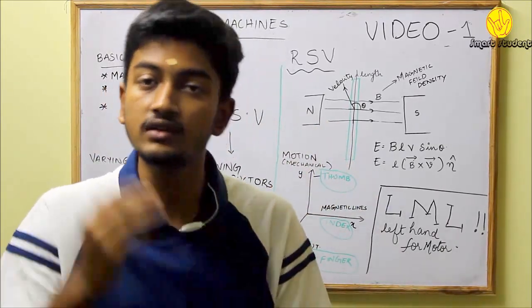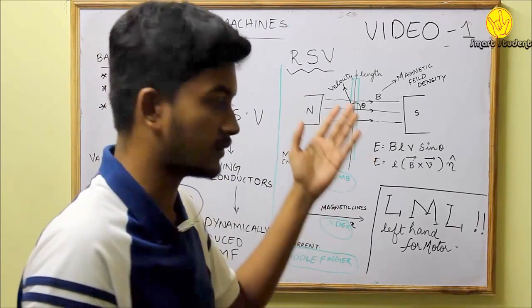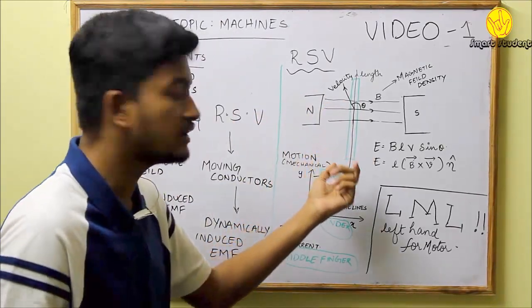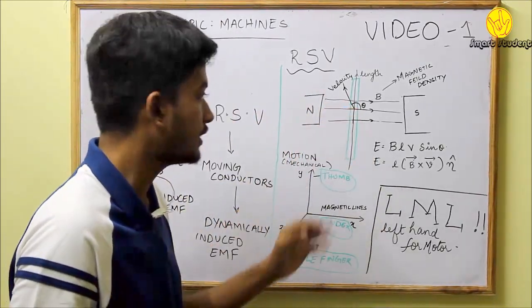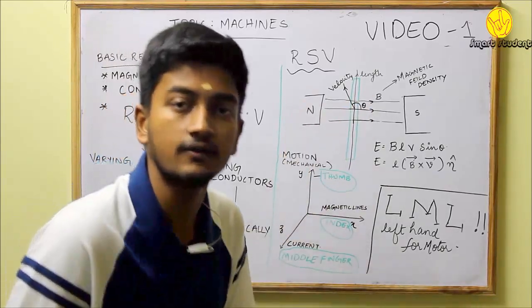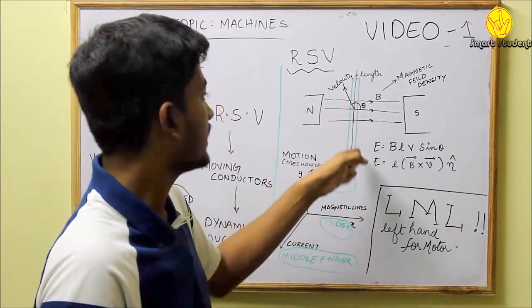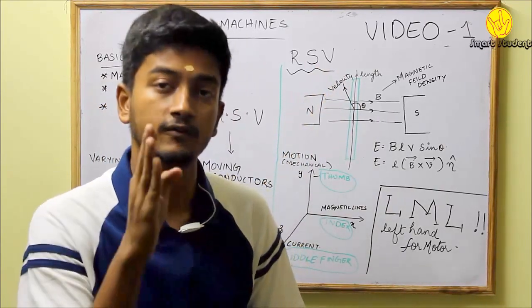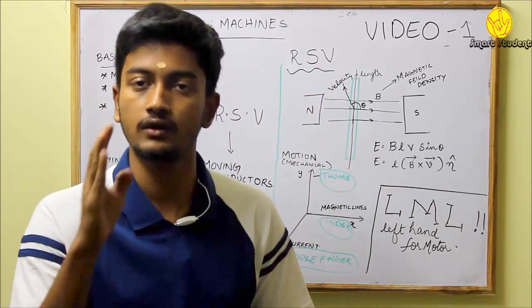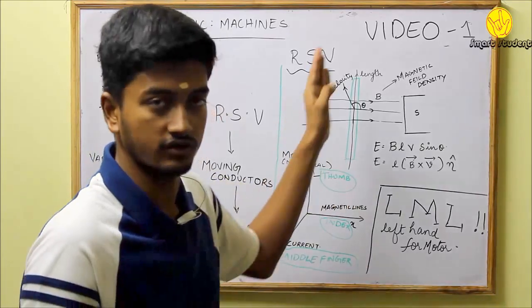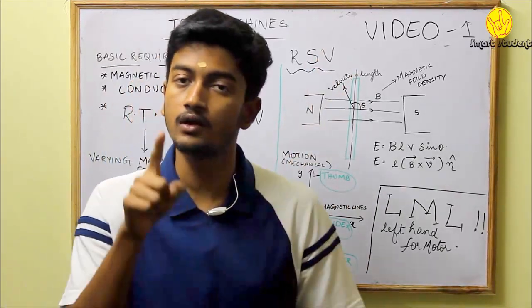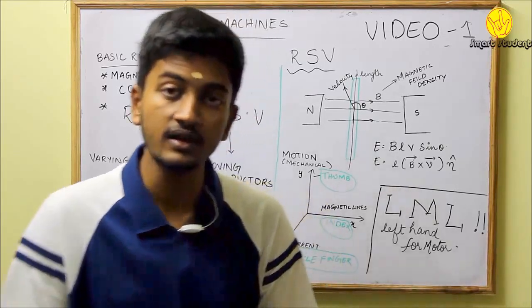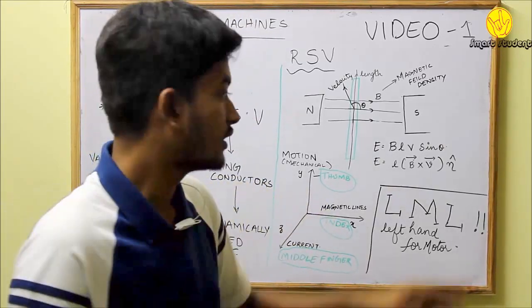Now, the direction of this induced EMF can be understood from the following explanation. Consider a conductor placed in a magnetic field. Let B be the magnetic field density and L the length of the conductor. In relative space variation, the velocity or motion of the conductors is very important. Let V be the velocity, and we know that magnetic field density and velocity are vectors.